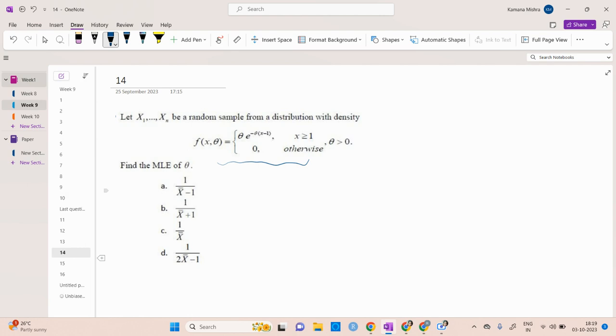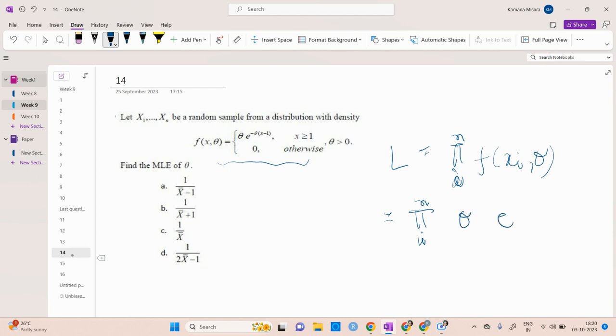So MLE, simply we can write, L will be the product over i, i is 1 up to n, of f(xi, theta).